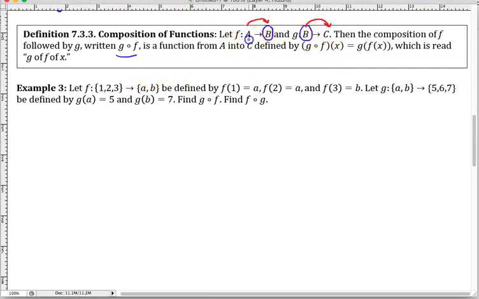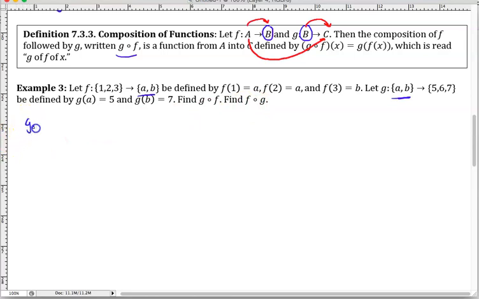So the composition goes directly from set A to set C using a combined or composed rule, right? So let's look at example 3. So f is from set 1, 2, 3 to set a, b, and defined as follows. g is from set a, b to set 5, 6, 7, and those are the rules. Find g of f and f of g.